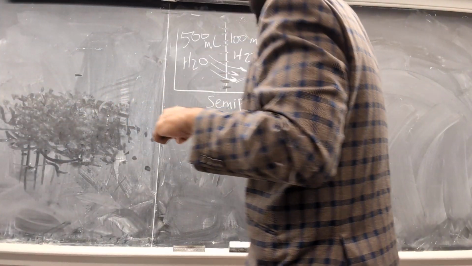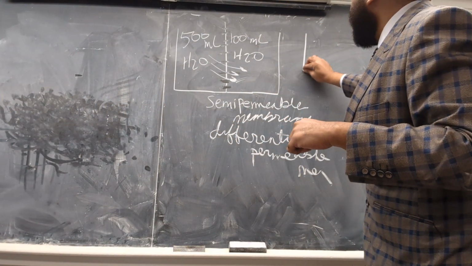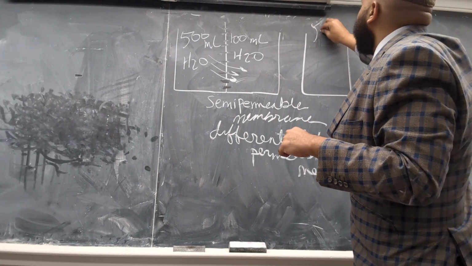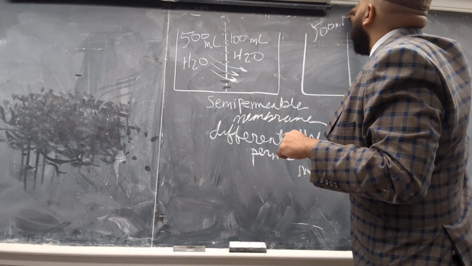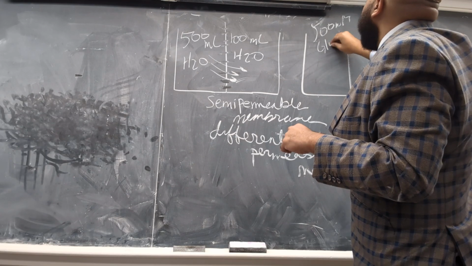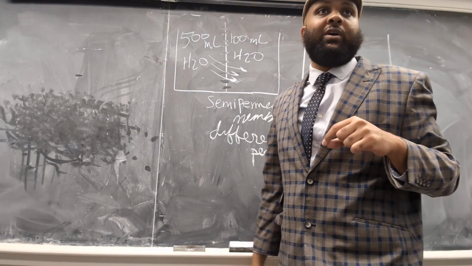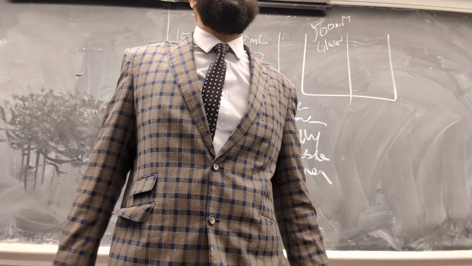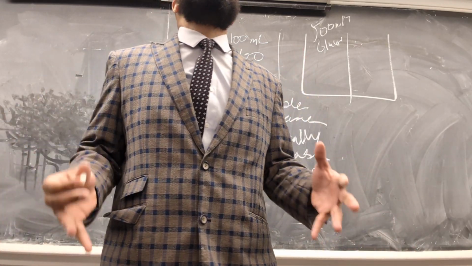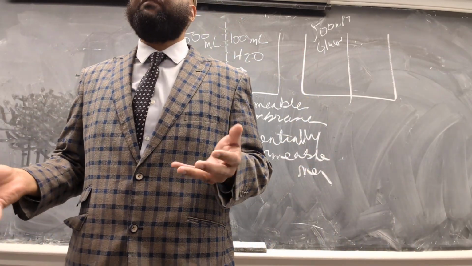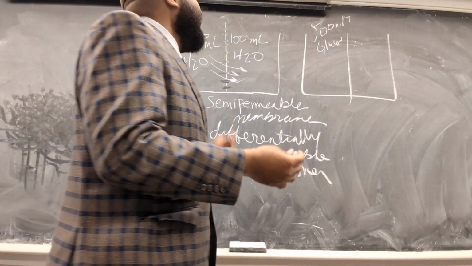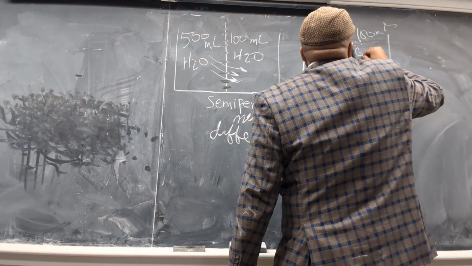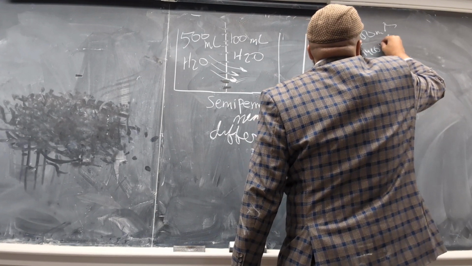So this is now comparing water. Let's say I have a separate beaker with glucose. Many students think that 500 millimolars of glucose represents how big glucose is. No, it's not like a 500-pound person and a 100-pound person. No, 500 millimolars is the quantity, like 500 people. 500 people on one side and 100 millimolars of glucose on the other side.